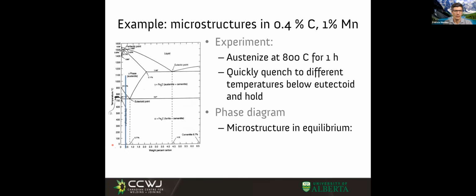For example, austenite now is stable at lower temperatures, below 911 degrees. Here the blue line marks the composition of a 0.4% carbon steel. That would be something like an AISI 1040 steel.